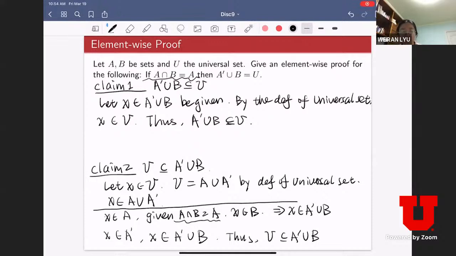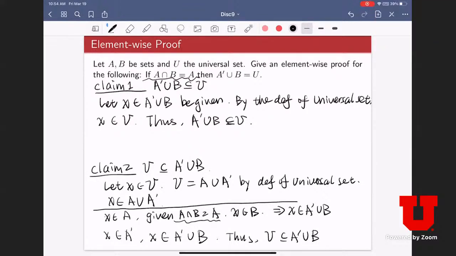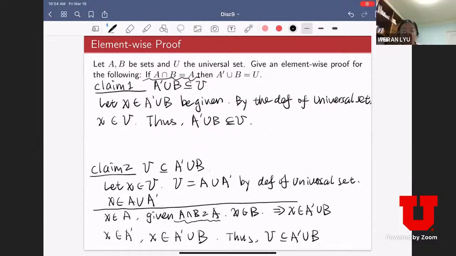All right. Any question on this problem? Yeah, you said B is a subset of A. Would it be the other way around, that A must be a subset of B? Yeah, sorry, you're right.